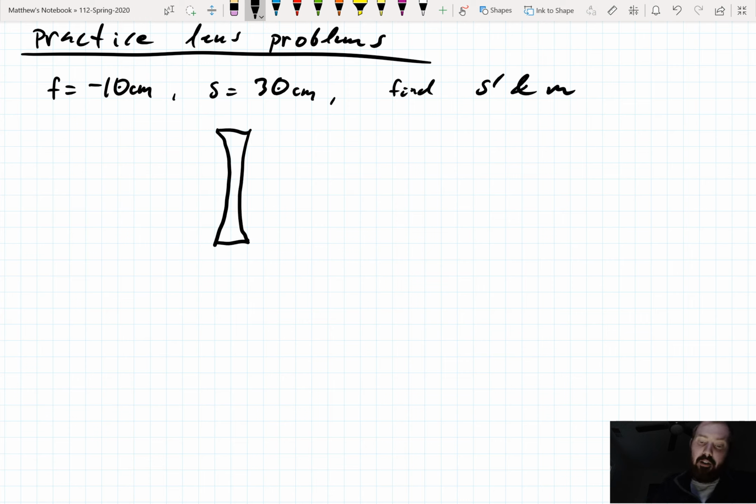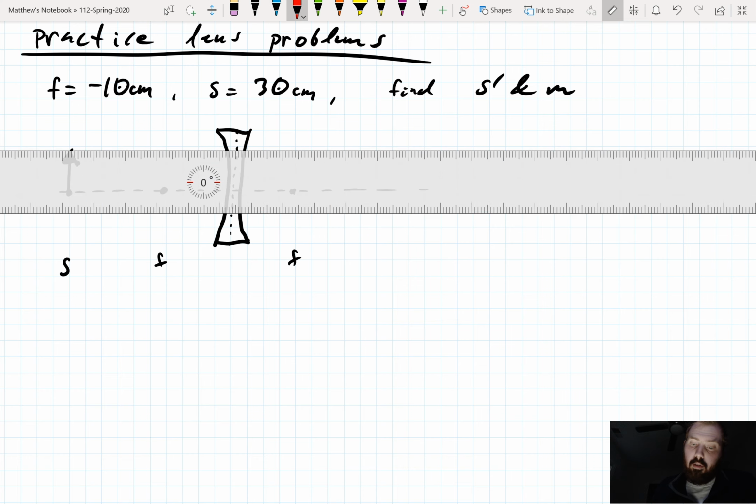We've got ourselves a diverging lens. Here are our focal lengths, and we'll have our object over here. There's our object, so let's shoot in our rays.